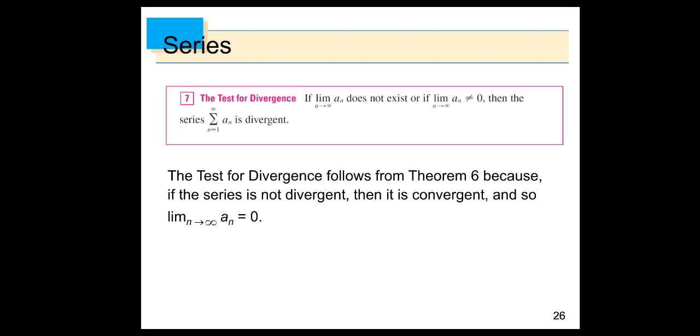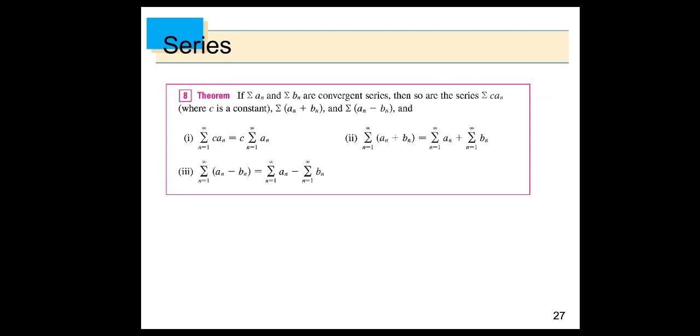So the test of divergence follows from theorem 6, because if the series is not divergent, then it's convergent, because there are just two conditions, right? Either it's convergent or divergent, right? So the limit of a sub n is equal to 0 when n approaches infinity.